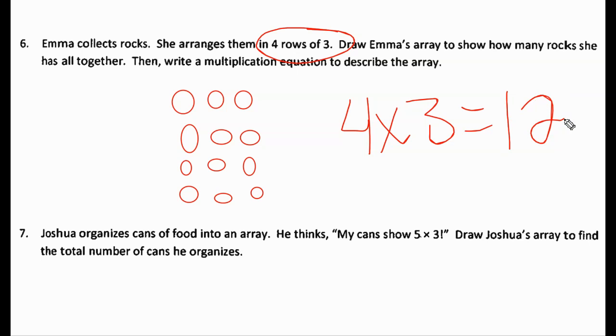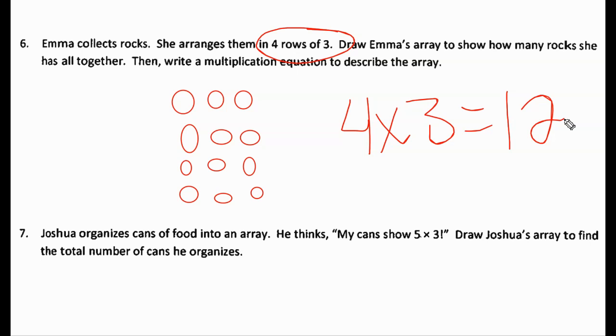And then 7 is the last one, right? It says Joshua organized cans of foods in an array. There you go. I'm doing rows and columns, right? He thinks my cans show 5 times 3. Draw Joshua's array to find the total number of cans he organizes.